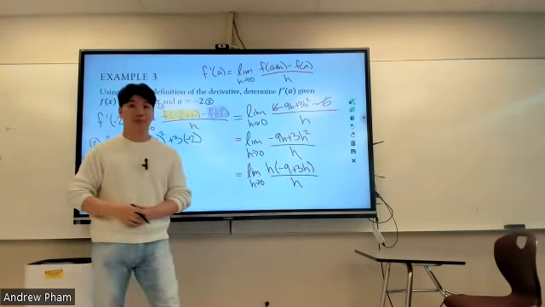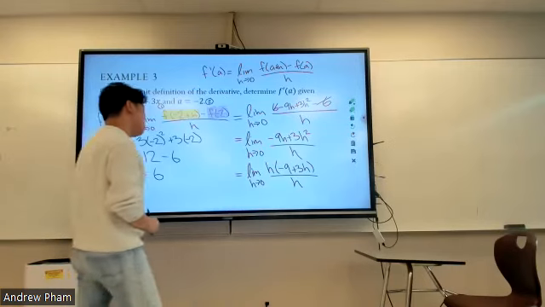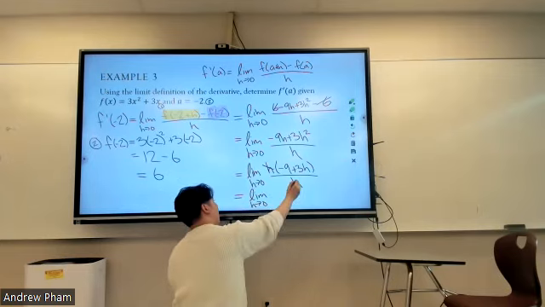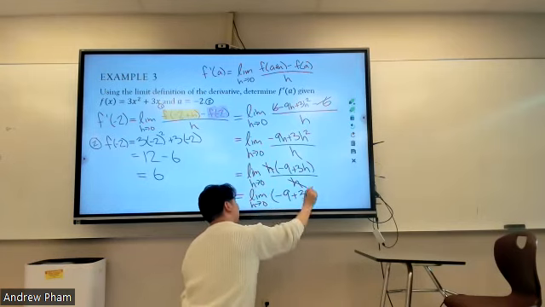So I'm allowed to factor out an h because it's a common factor. And here we can clearly see h divided by h, they're going to cancel out, becoming 1. So really, the limit as h goes to 0, h cancels with h. I get -9 plus 3h.